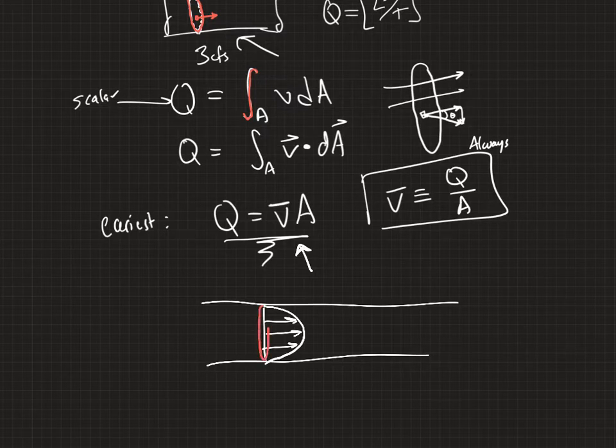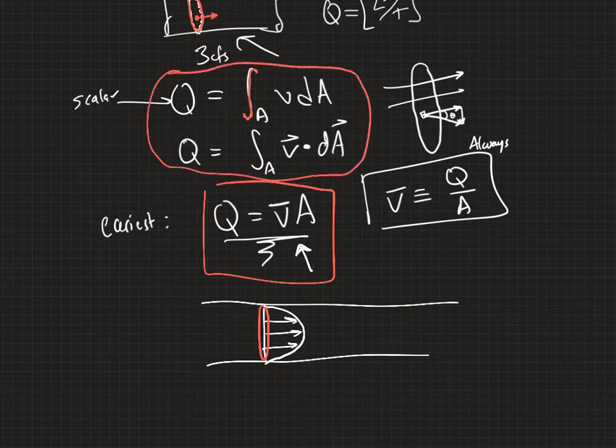Maybe it's a circle. And you're like, okay, well, I just want Q, so I'll just multiply times the velocity. But what's the average velocity here? It's unclear. So in this case, you can't do this method. You have to go up and do one of these two, whichever one works for you. So that's maybe not problematic, but that's just the way it is.